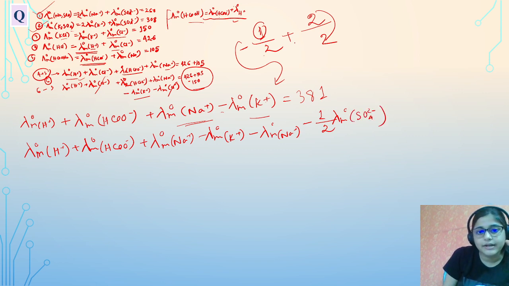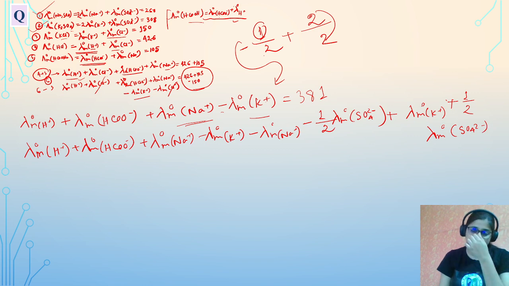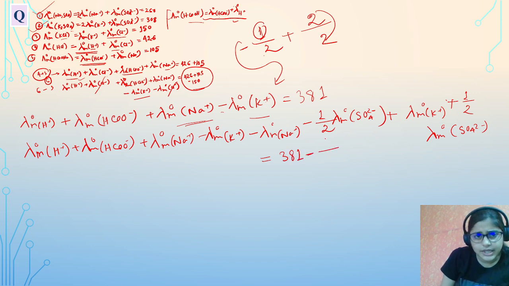And again we are adding equation number 2, but we are dividing also with 2. So delta M0 of K plus, it will be again plus 1 by 2 into delta M0 of SO4 2 minus, right? And the right hand side will be what? It was 381. Now we are subtracting the equation 1 by 2 actually. So 368 by 2, and we are adding the second equation, after dividing by 2.